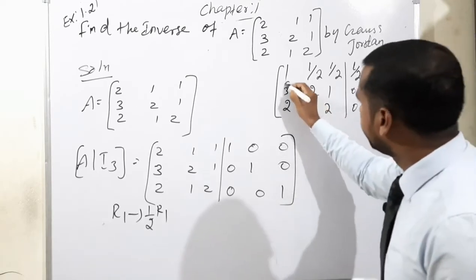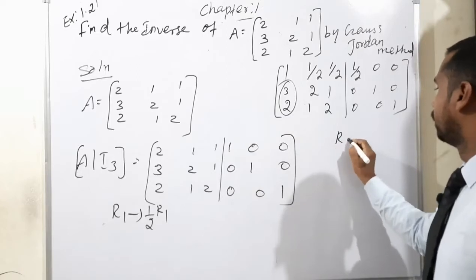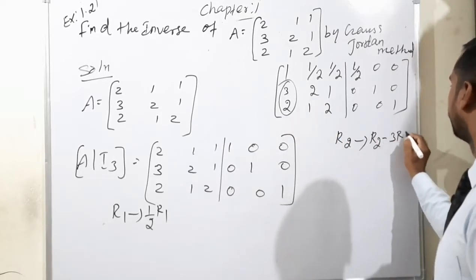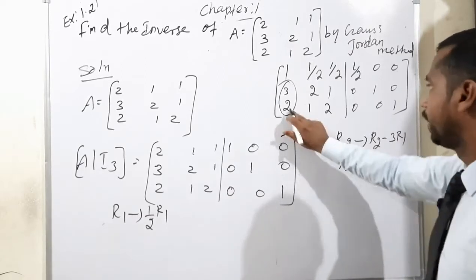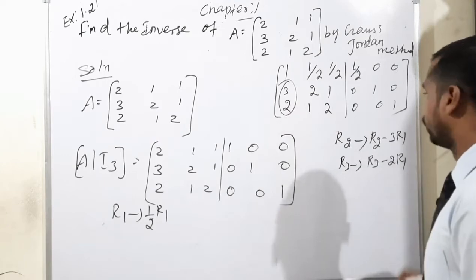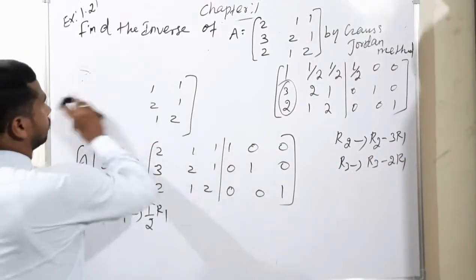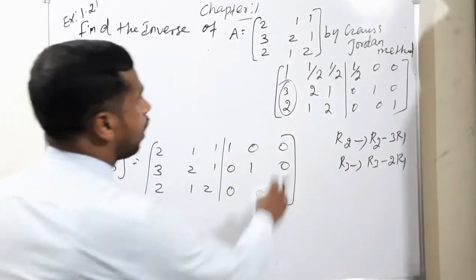Next, what do we have to do? Under the 1 term we also have to show 0. So R2 gives R2 minus 3 into R1. Next condition, R3 gives R3 minus 2 into R1. So listen very carefully. R1 as it is.